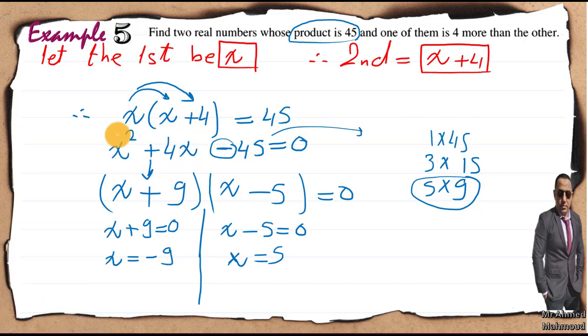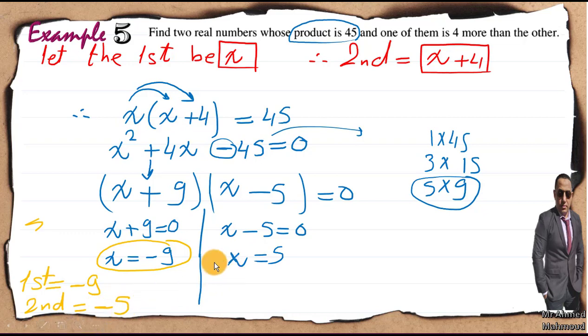The first case, x is negative 9. So the first is x equals negative 9, and the second equals x plus 4, negative 9 plus 4. Negative 9 plus 4 equals negative 5.